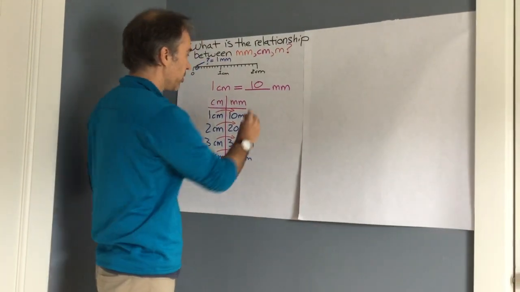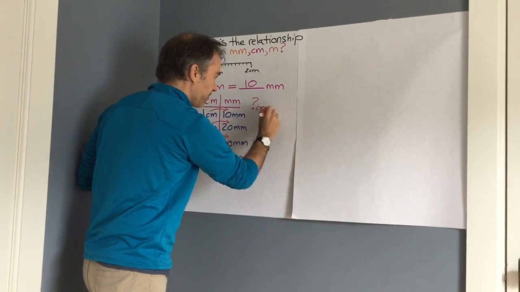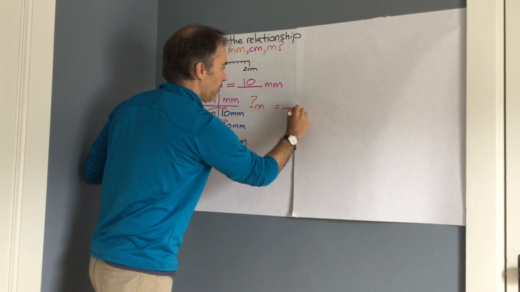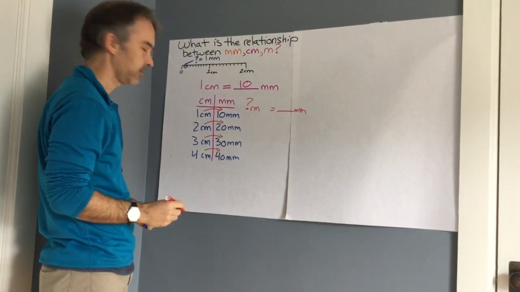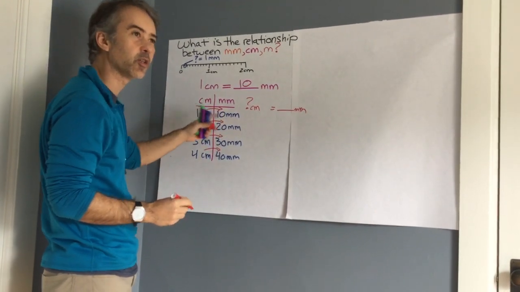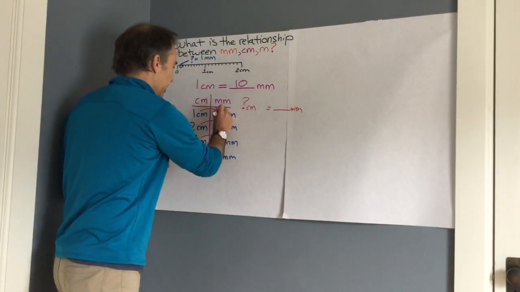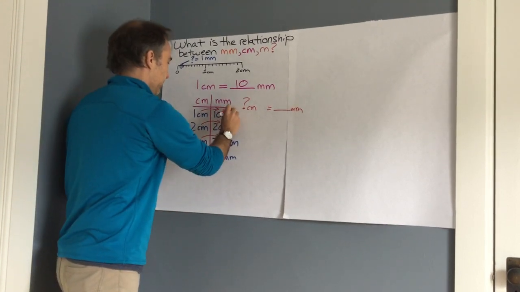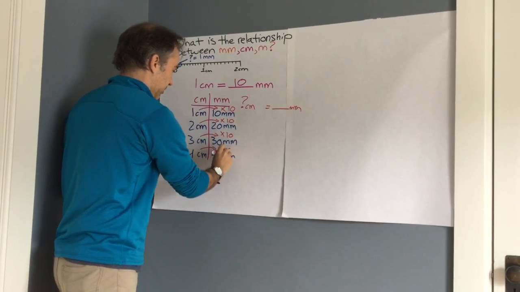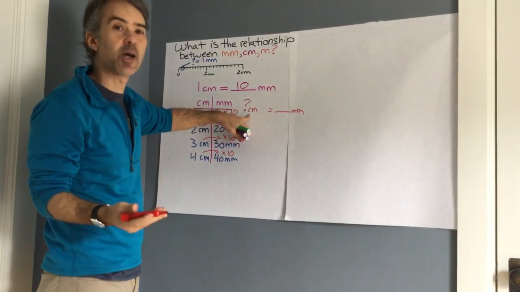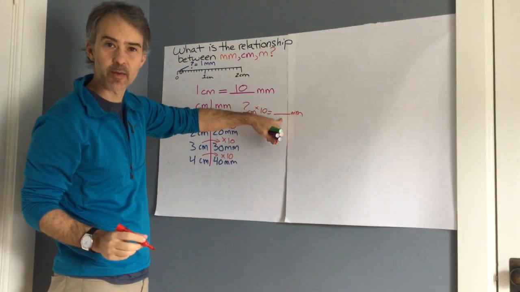I have some centimeters, I have to do something that equals millimeters. How do I get from 1 to 10, 2 to 20, 3 to 30, 4 to 40? I multiply by 10. So if I have some centimeters, I have to multiply by 10 to get millimeters.